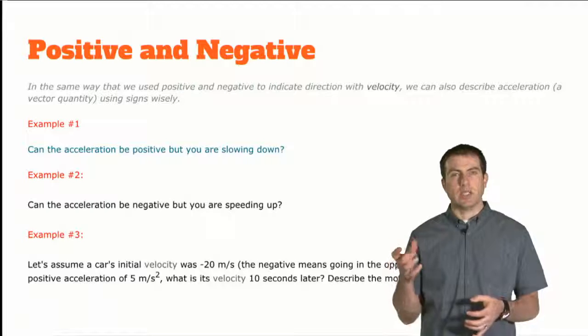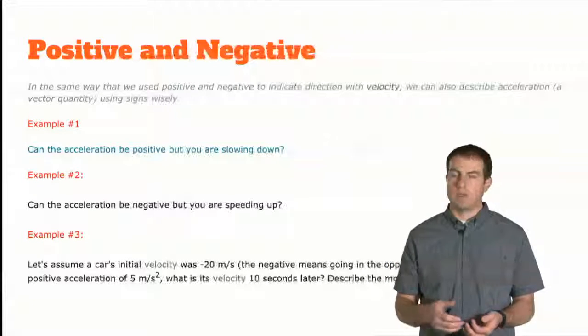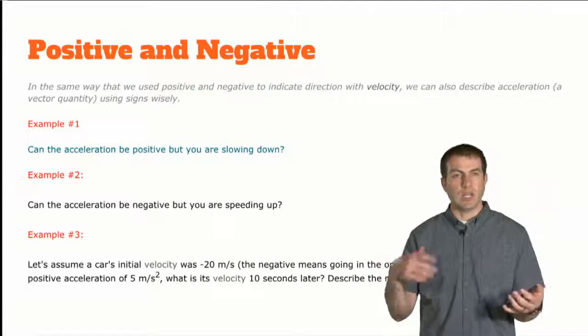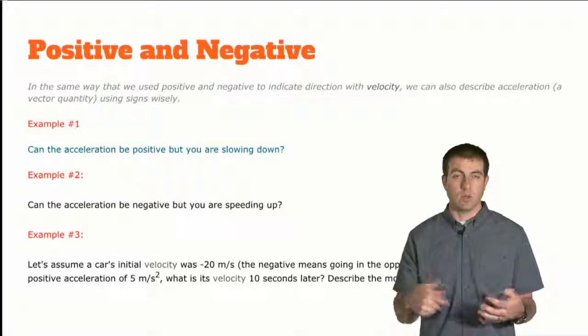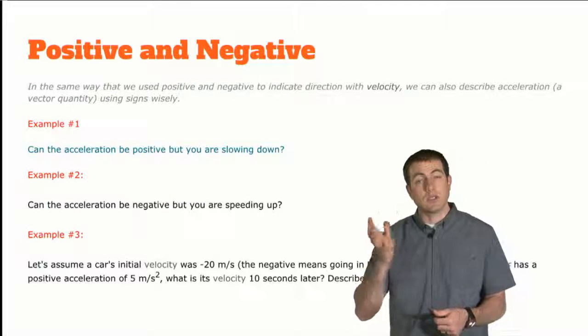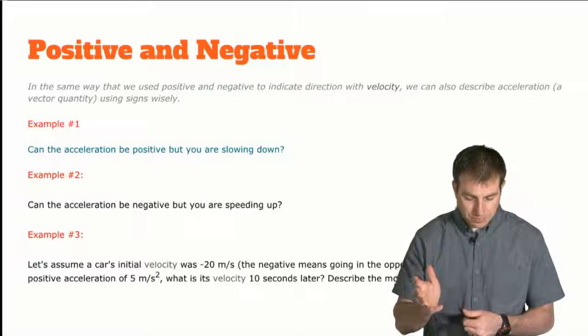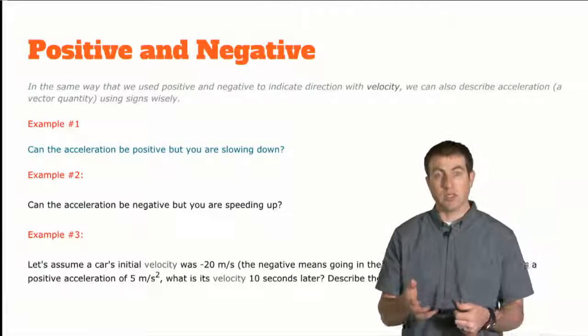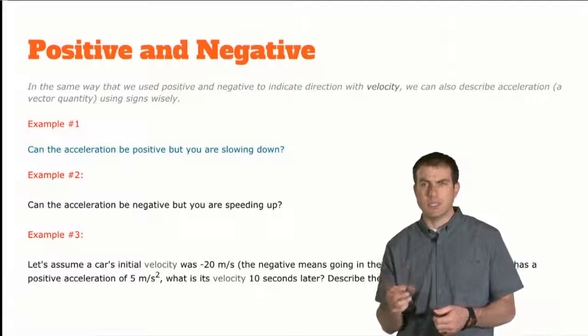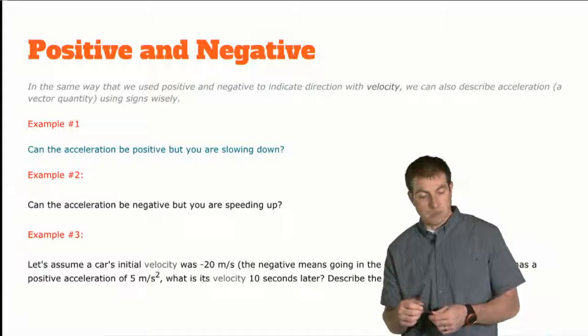Remember that the sign just indicates direction. If I have a positive value, then I could say that's forward. If I have a negative value, that's backwards. So I want to think of a scenario where I have a positive acceleration, but my velocity is actually decreasing. Is it possible to encounter that?